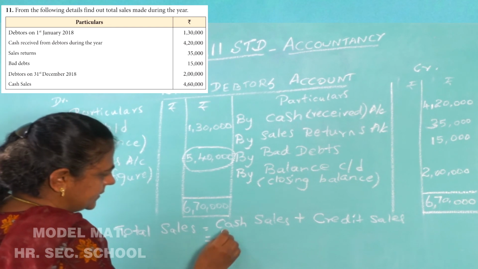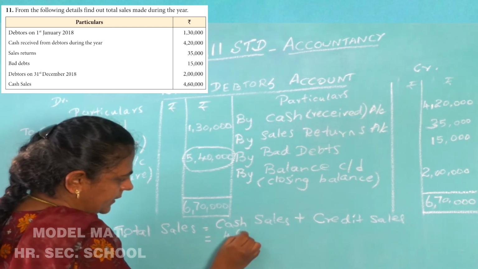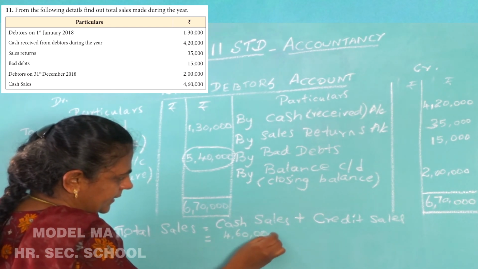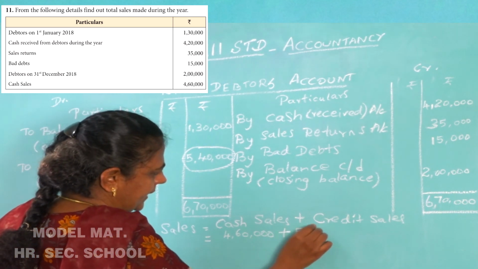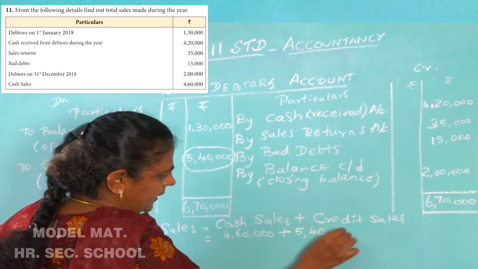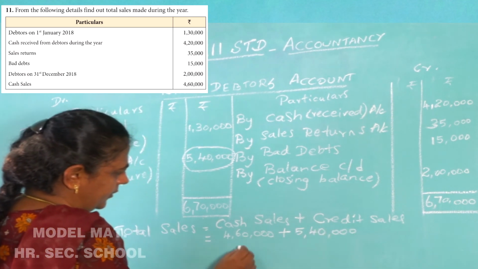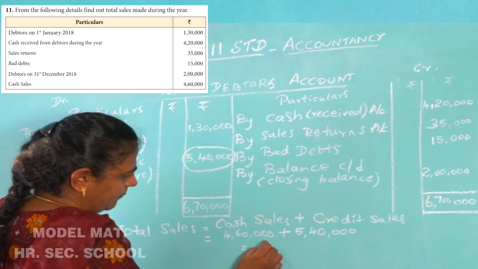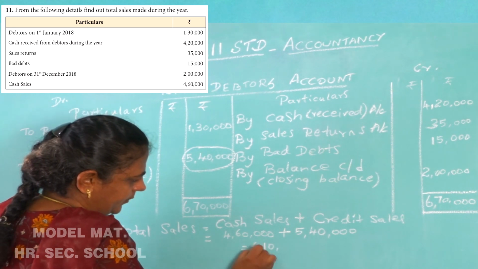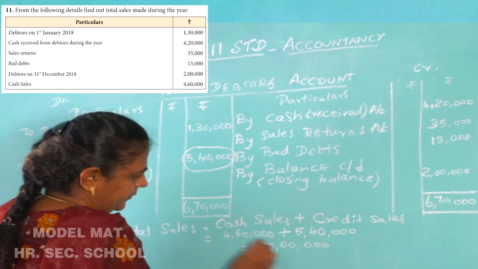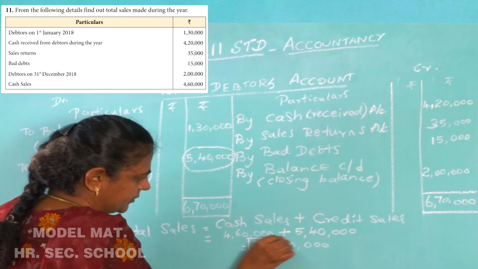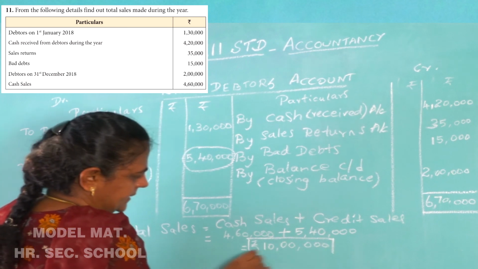Cash sales is 4,60,000. Credit sales is 5,40,000. So total sales is 10 lakh rupees. So put a box for the total sales.